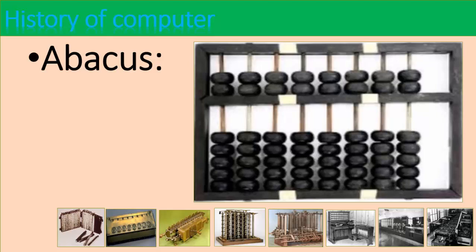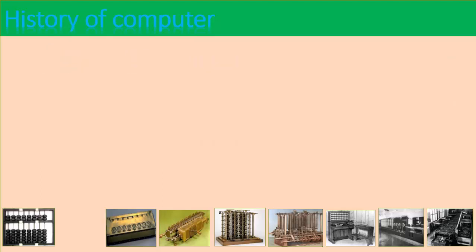The beads were moved by the abacus operator according to some rules to perform arithmetic calculations. The abacus is still used in some countries like China, Russia, and Japan. And also, students, as I remember, some shopkeepers used these devices in their shops in Turkmenistan.